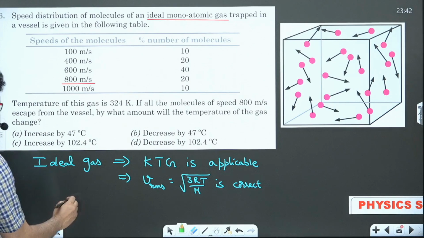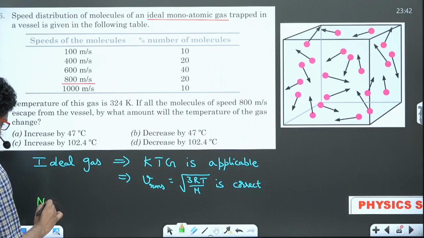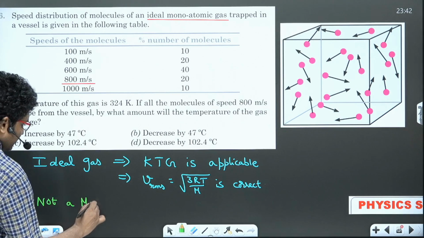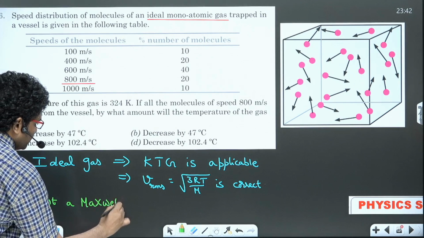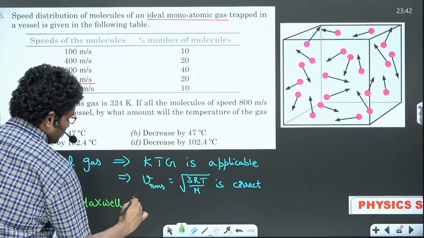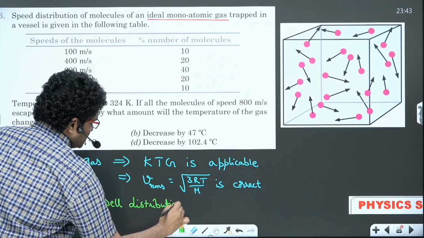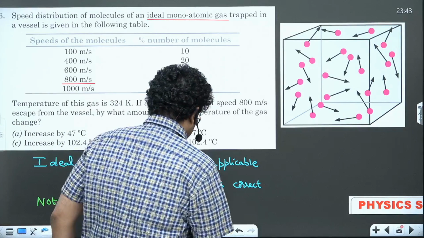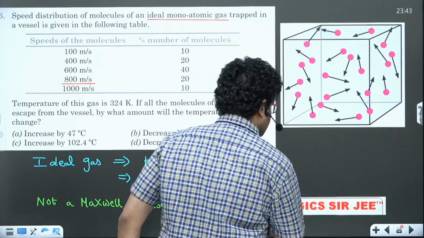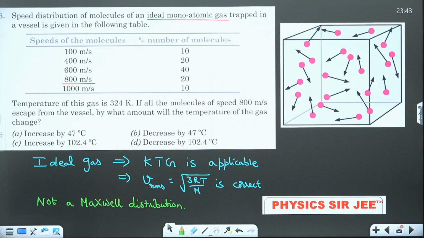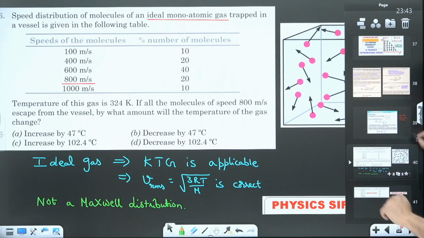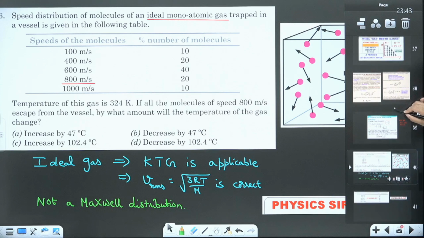Not just that, this is not a Maxwellian or Maxwell-Boltzmann distribution. This is something that you should note. So before we move on, let me go back to those previous slides to emphasize what I was trying to tell you.